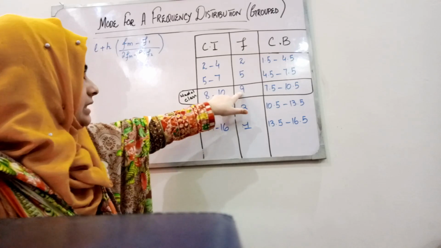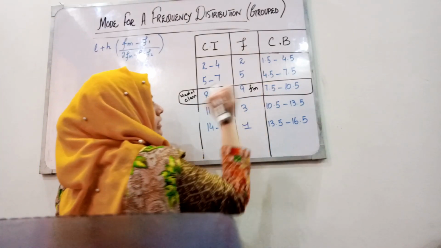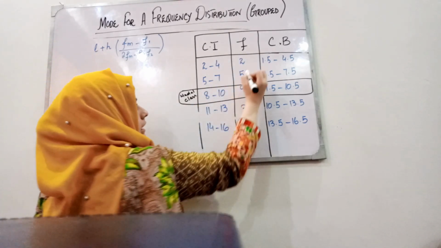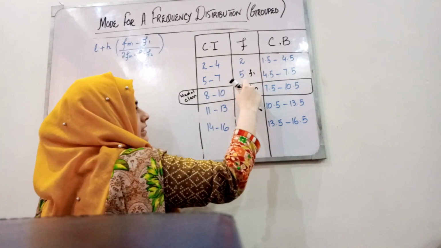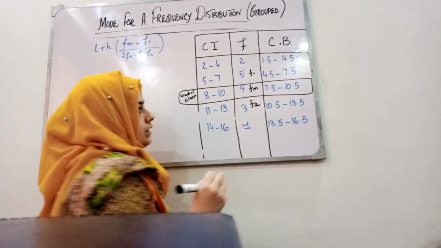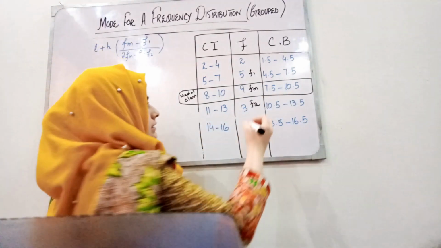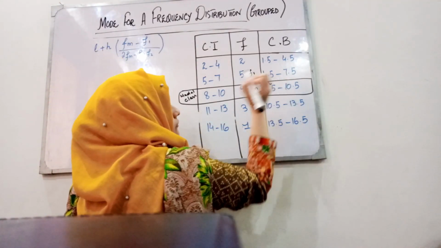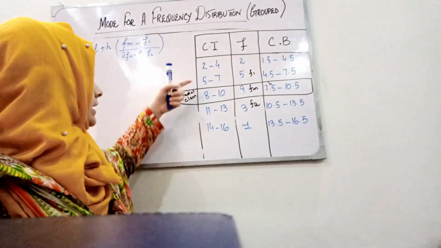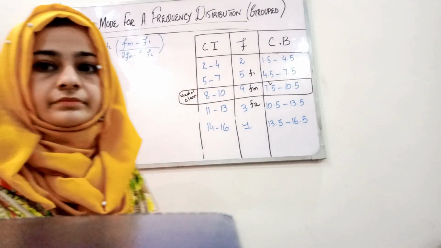This frequency is the modal class frequency Fm. The frequency above the modal class is F1. The frequency below the modal class is F2. The lower limit of the modal class is 7.5 and the width is the gap between these two classes.